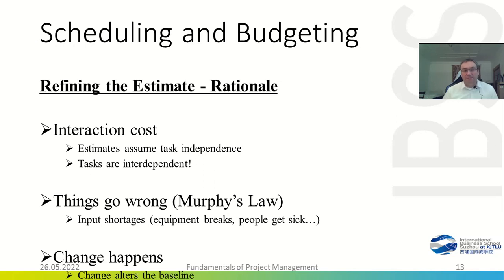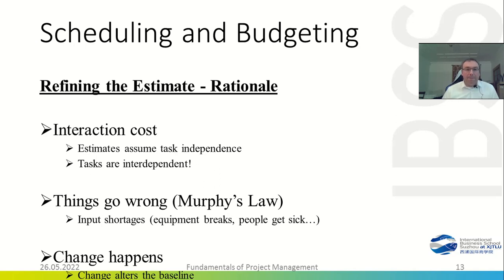Now, why is that? First of all, we assume that every single task is independent. However, especially in a project, they are depending on each other. So there is interaction cost between the tasks. Then Murphy's Law: whatever can go wrong will go wrong at some point.